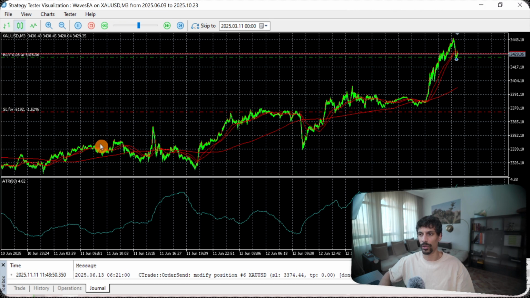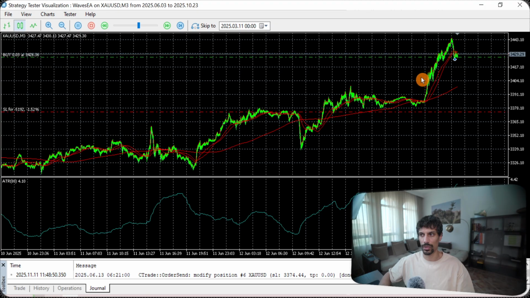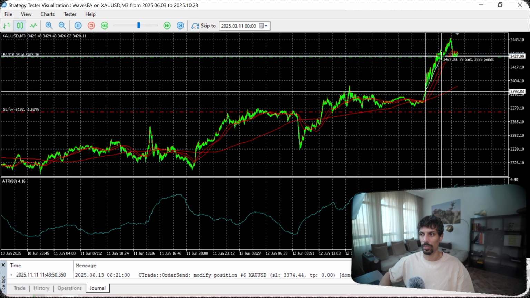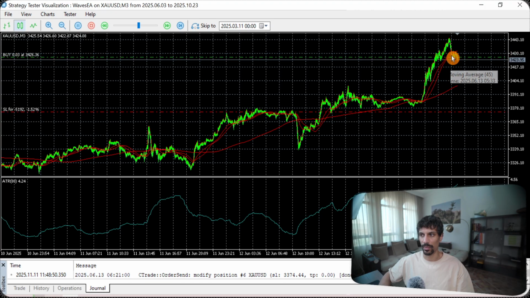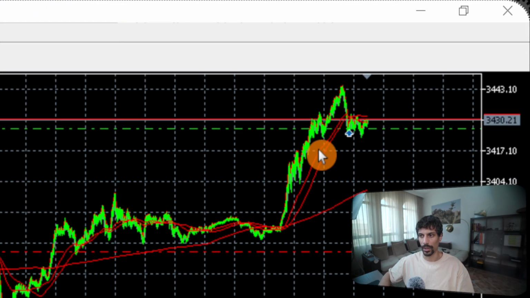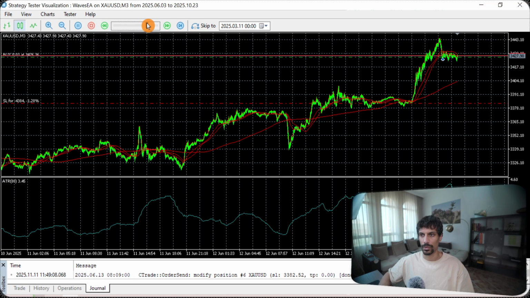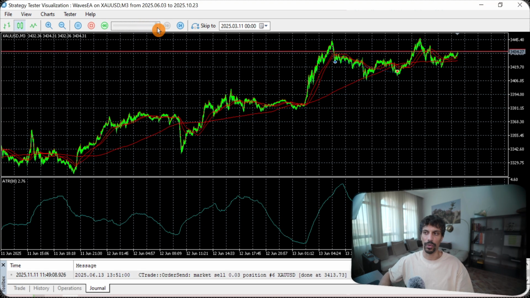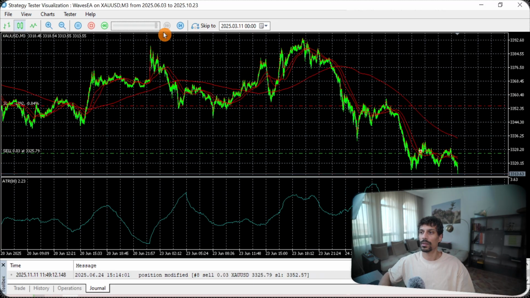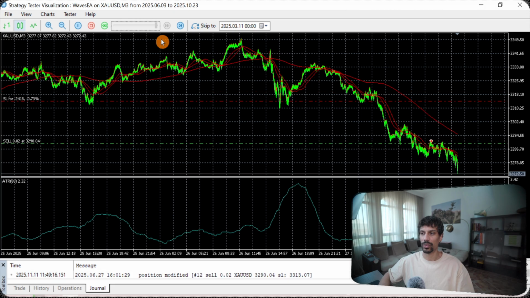Okay, so we avoided this entire choppiness, and as soon as you got that big move up, a crossover happened on the pullback. This is nice. I like how that worked out. That played out very nicely. Let's see if we actually end up profitable. No. All right, that was a good entry as well, but it was a bit too late.